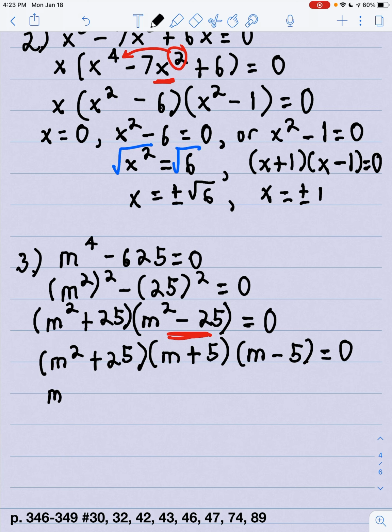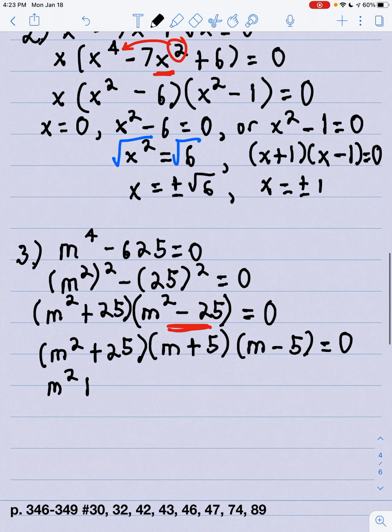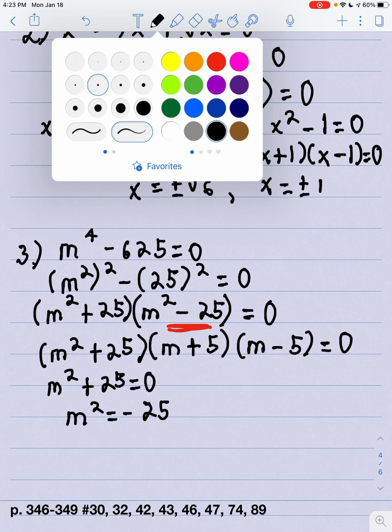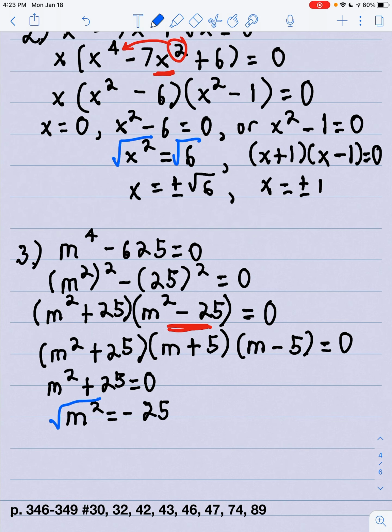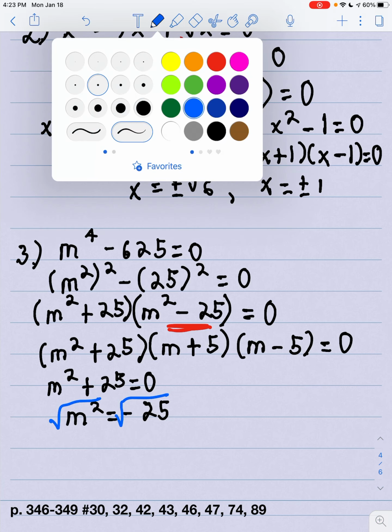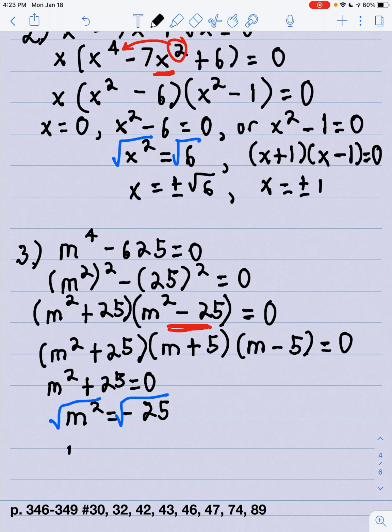So setting each factor equal to 0, I obviously could have m squared plus 25 equals 0, meaning m squared equals negative 25. And I would have to use square roots here. And as I use square roots, because I'm taking the square root of a negative, I have to keep in mind I need an i with my answer.